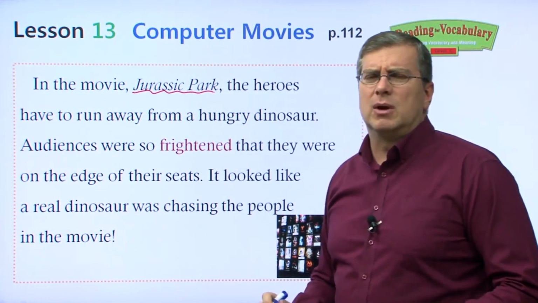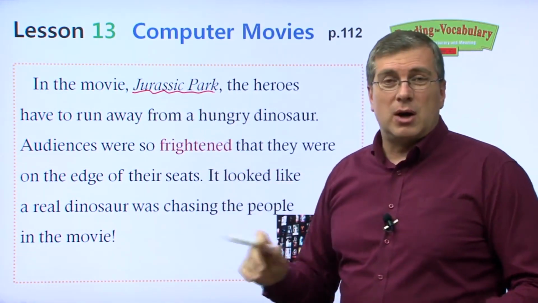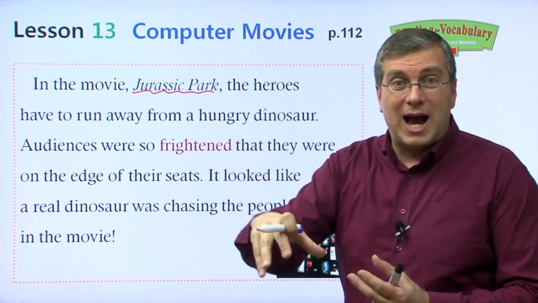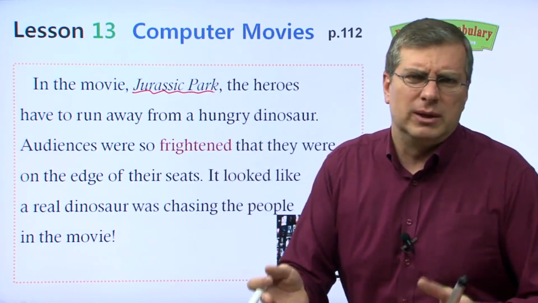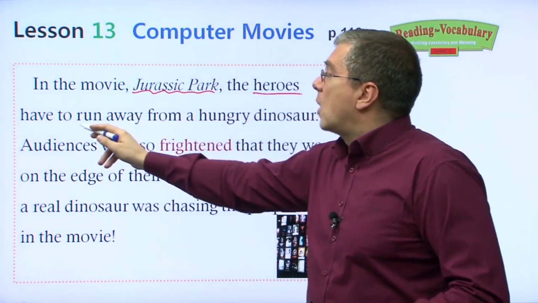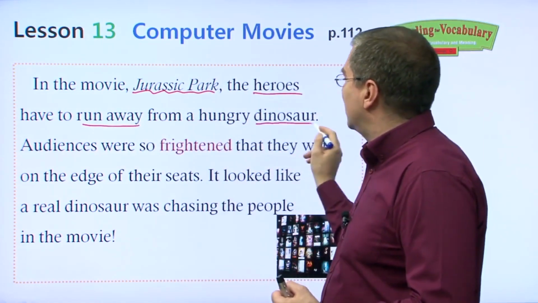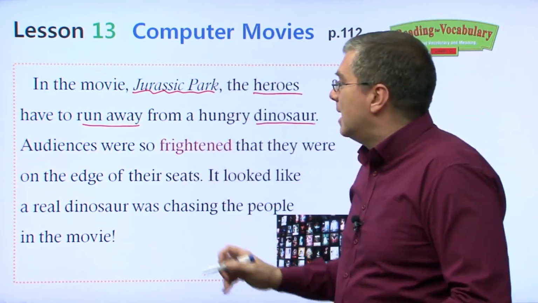Steven Spielberg, I think, directed it. It's about a group of people who go to an island. There are real dinosaurs on the island. That's the story. Not really, but that's the story. A big Tyrannosaurus Rex was chasing them, right?